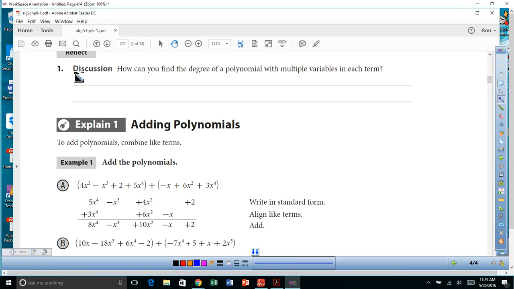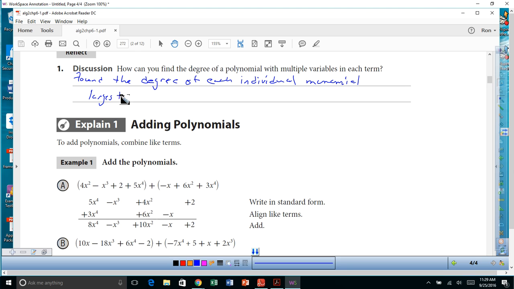What we did was we found the degree of each individual monomial, and then the largest degree, or the highest degree, was the degree.